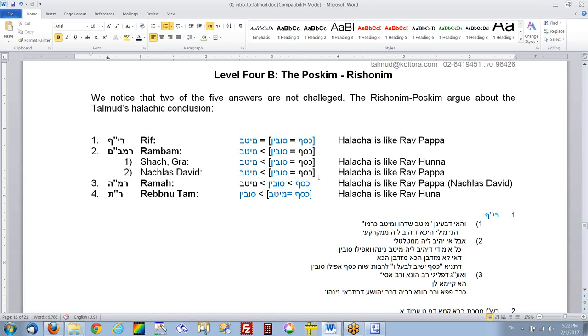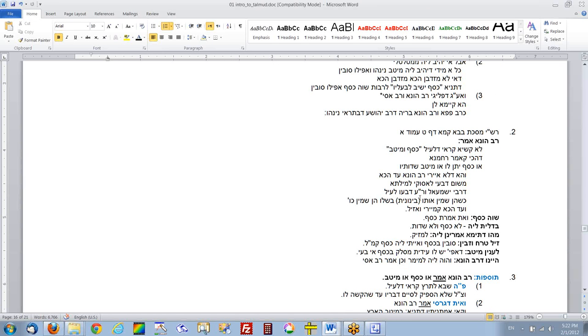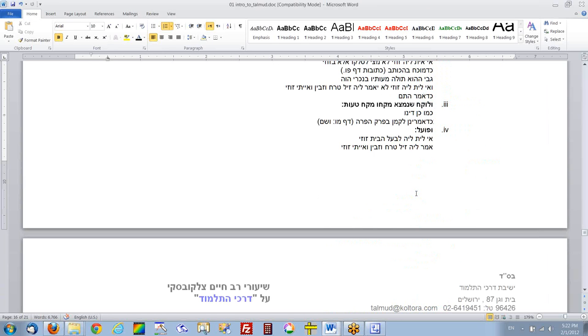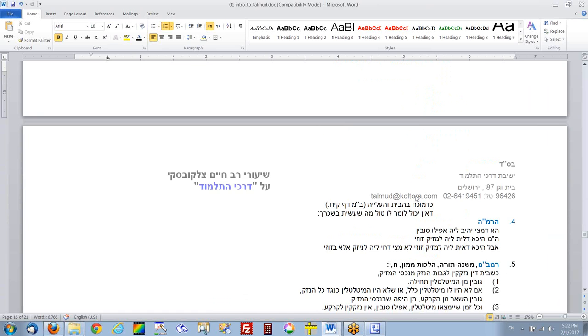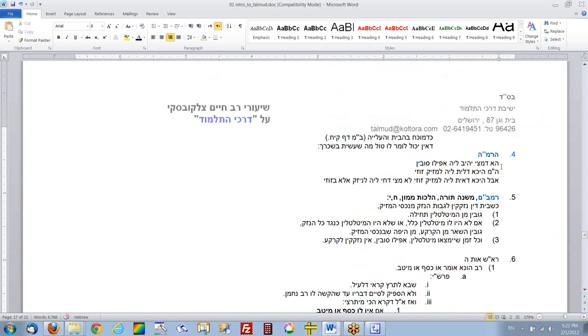Now, the Ramah, another Rishon who is a Posek, says the following, and he's brought in the Ran. Let's see if we can find him here. He says, when we say that you can give even the worst of your metaltalin, that is when you don't have money, then you could give your movables.